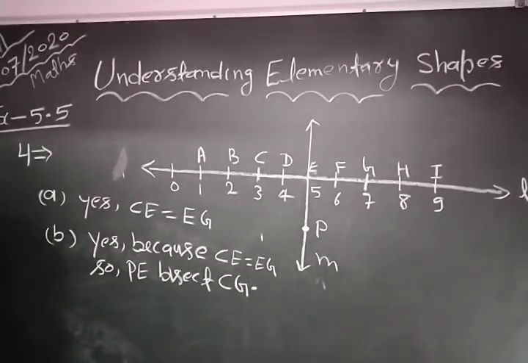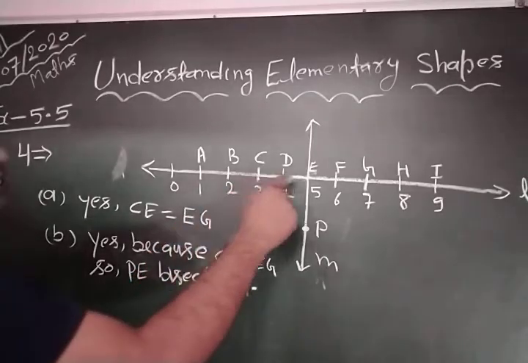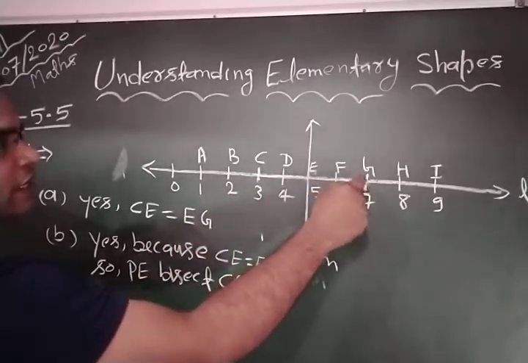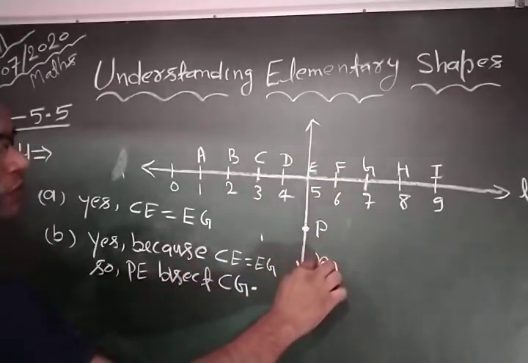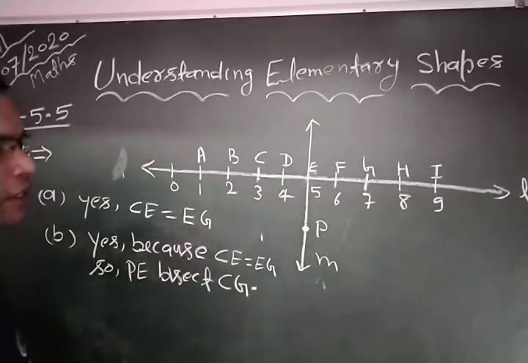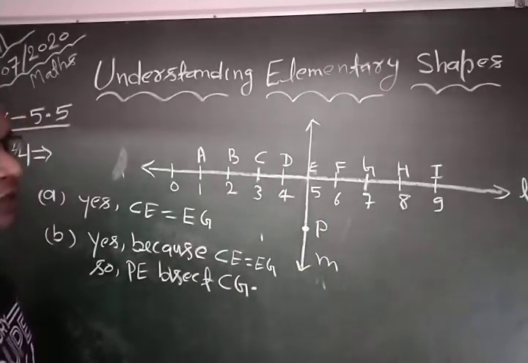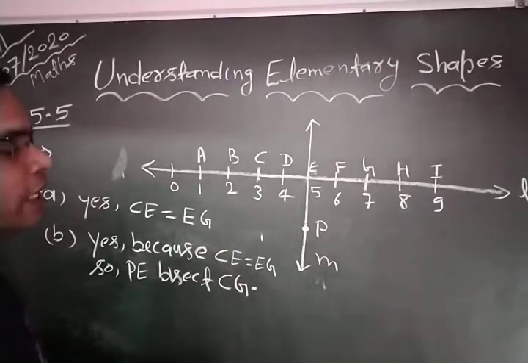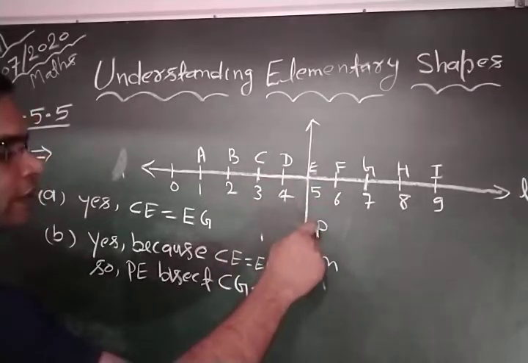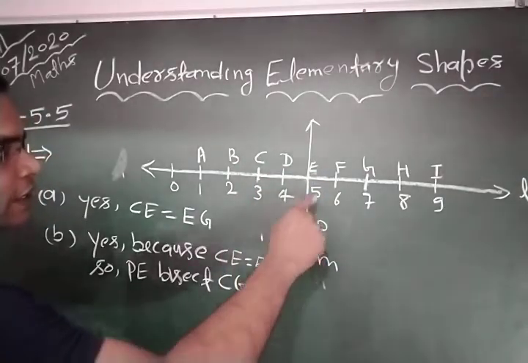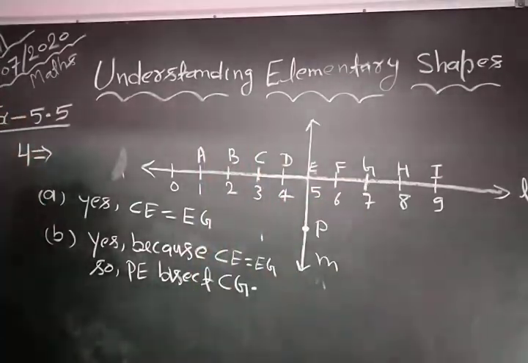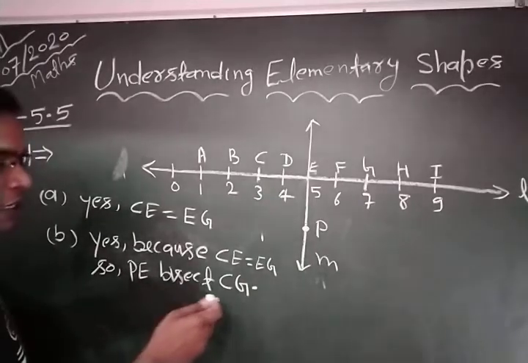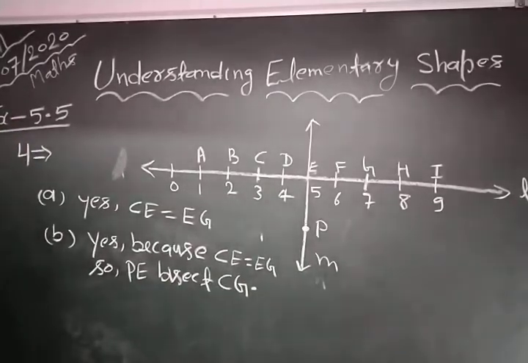Here you can see CE is equal to EC, and this is line segment CG, and this is perpendicular to line M. So you can say line M is perpendicular bisector of line segment CG. So here we can also say that P is the perpendicular bisector of CG, or you can say P bisects CG. This is clear?